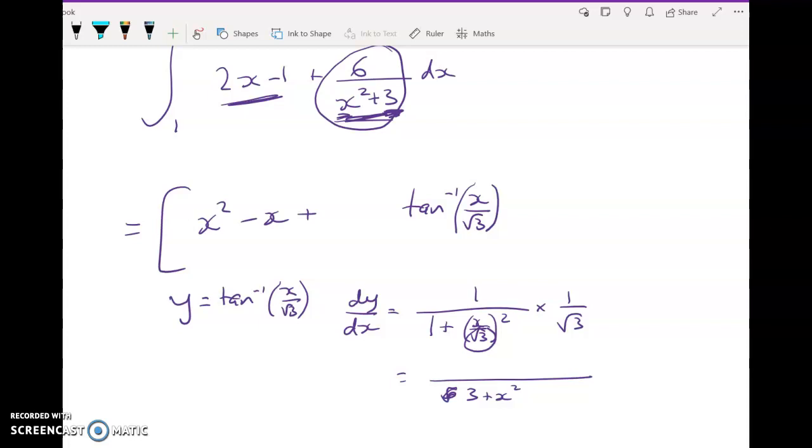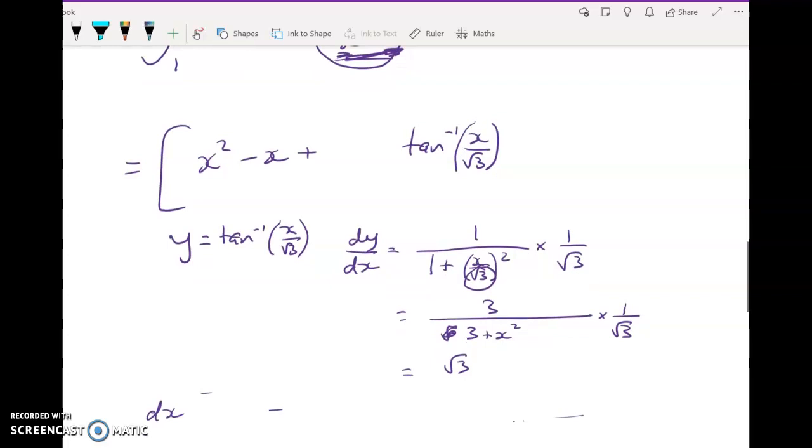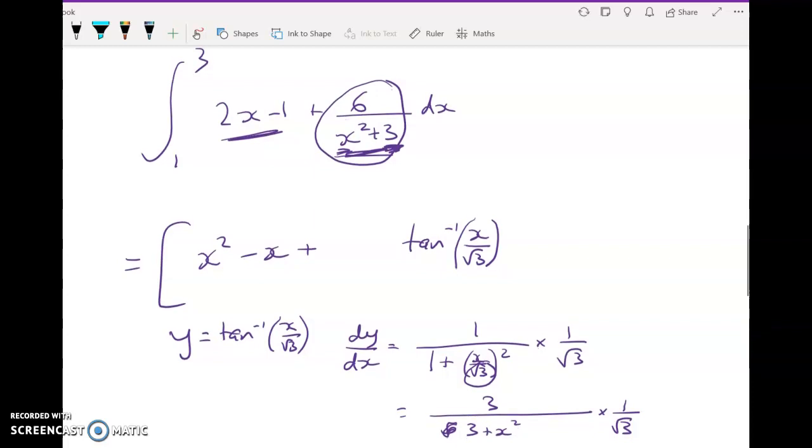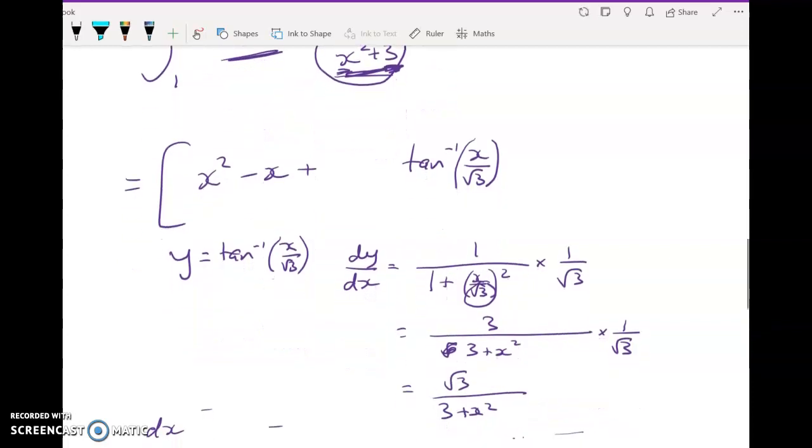with, what will we have up the top? We'll have 3 here times 1 over root 3. So that gives me root 3 over 3 plus x squared. But I don't want that. I just want 6 over x squared plus 3.